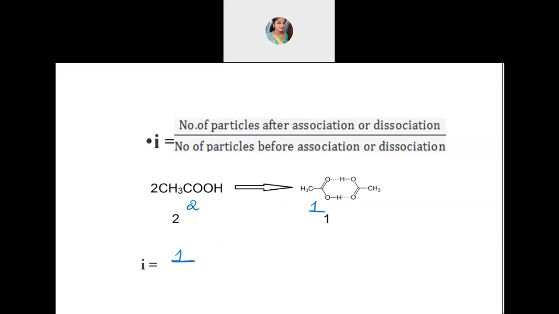After association, it's 1, divided by how many were there initially before association? There were 2. So I can write it is 1 divided by 2. So what happens to your i value? You are getting a fraction, that is less than 1. So if it is an association case, your i value will come lower than 1.